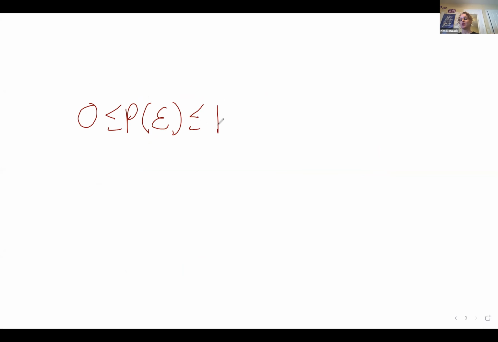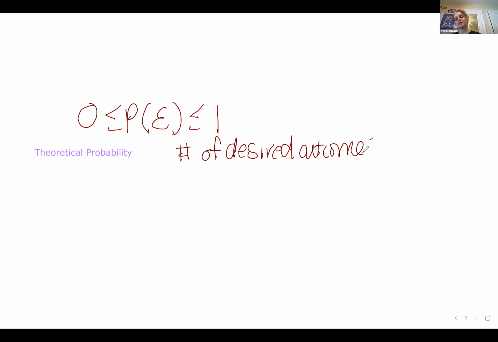Now we know that the theoretical probability, which we've already defined, is the number of desired outcomes over the total number of outcomes.